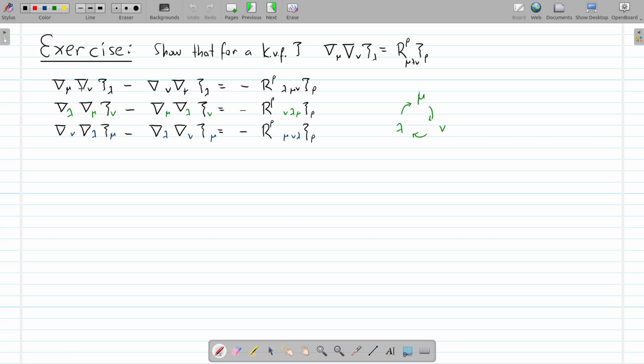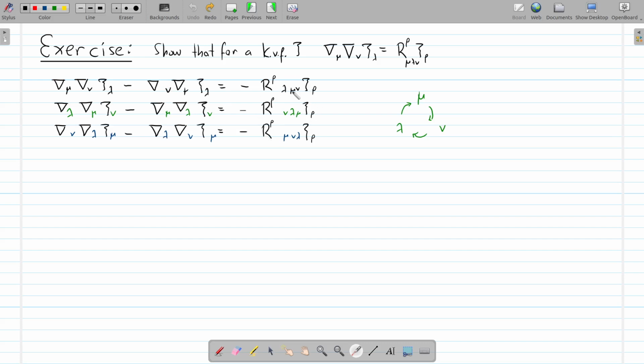Now, for the first line here, we have written the equations for the indices mu nu lambda, which are the same as the ones required by the exercise. For the other terms, we write the first term here by cyclically permuting mu nu lambda in the positive way. So you have mu nu lambda, lambda mu nu, nu lambda mu. The second term here is the same as the first one, with the first 2 indices reversed.